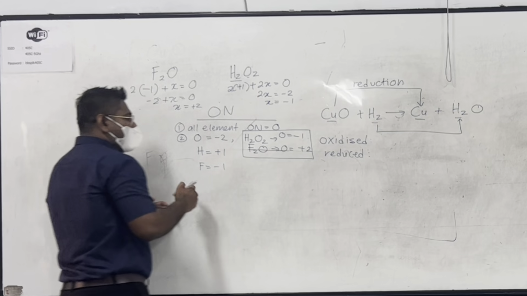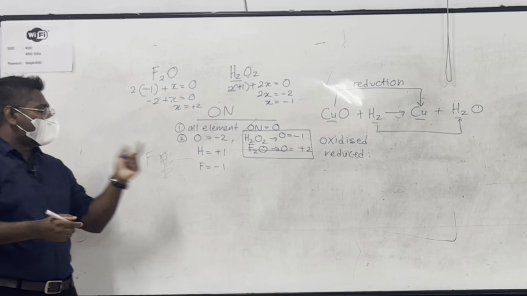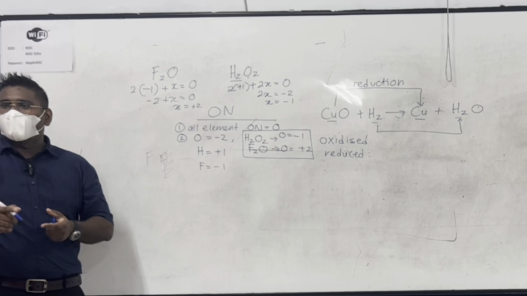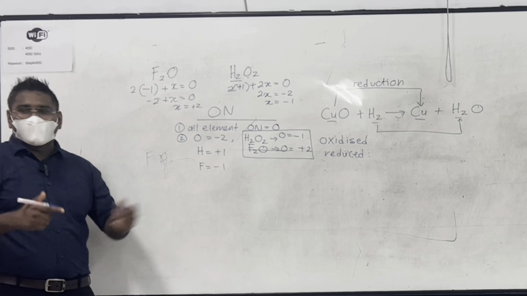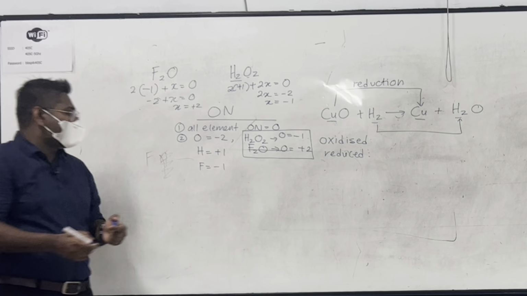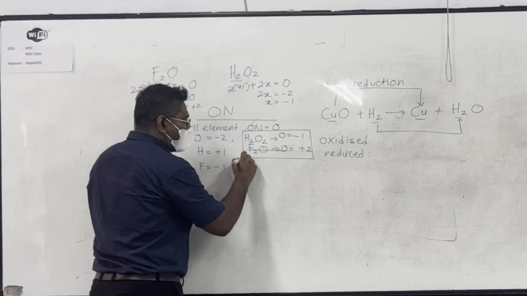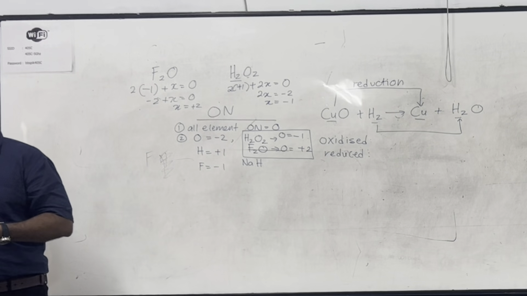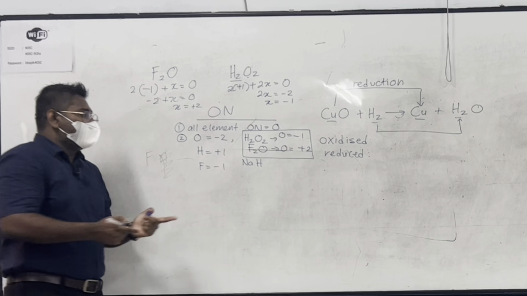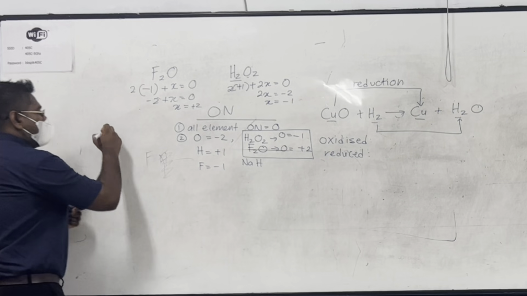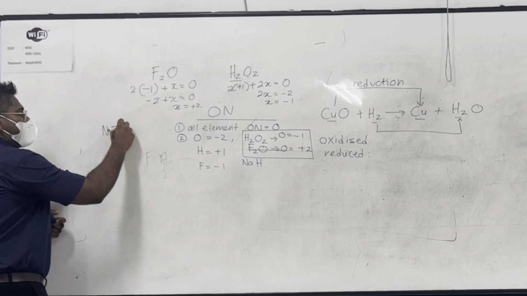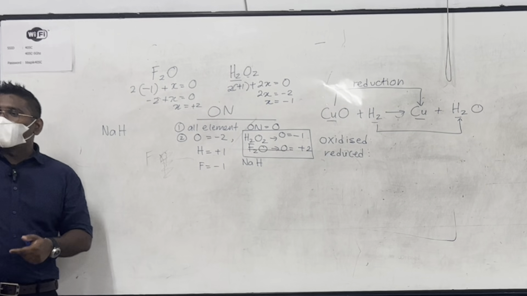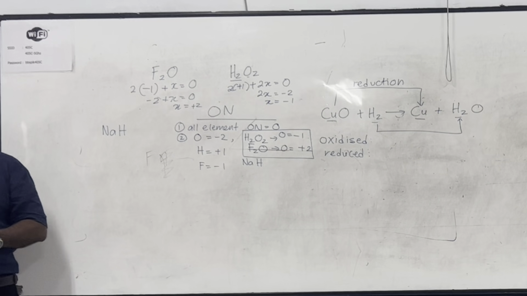Now, there are exceptions for hydrogen as well, where hydrogen is always +1, but if you have metal hydride, for example, NaH, this is called metal hydride. We know that NaH, group 1 in a compound, is +1.